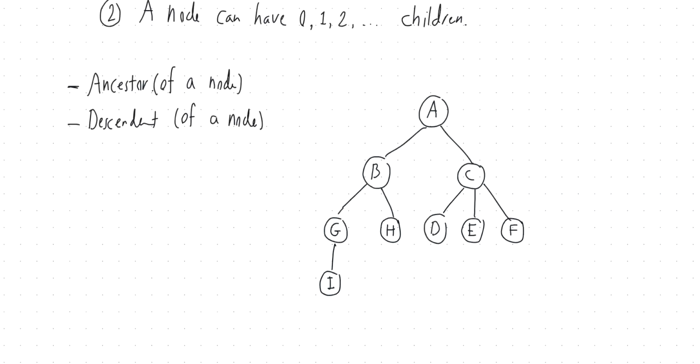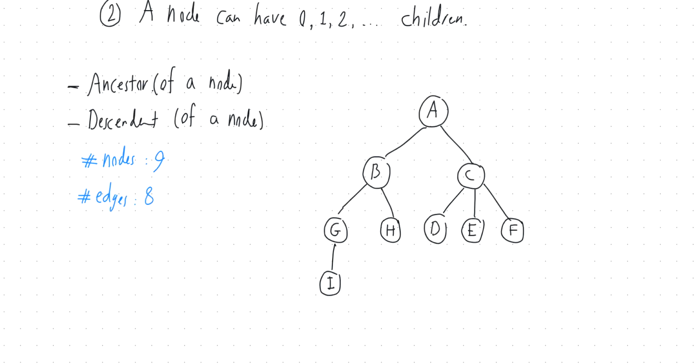we can review all the definitions that we introduced so far, and then also talk about descendants and ancestors. So let's start with the first definition: the number of nodes, the number of edges. So the number of nodes: 1, 2, 3, 4, 5, 6, 7, 8, 9. The number of edges, the connections, is 1, 2, 3, 4, 5, 6, 7, 8.